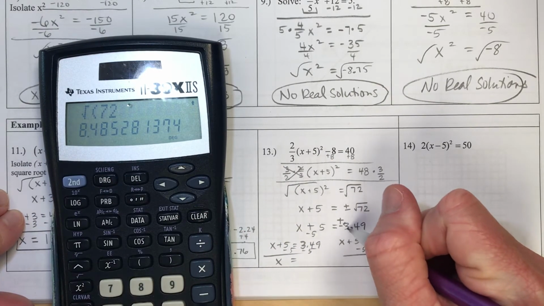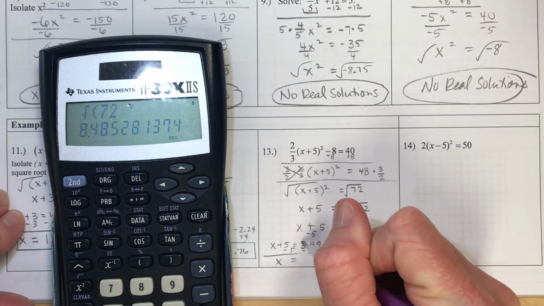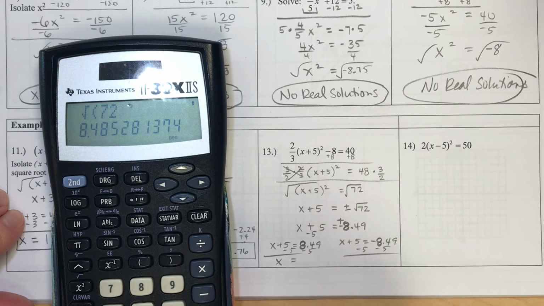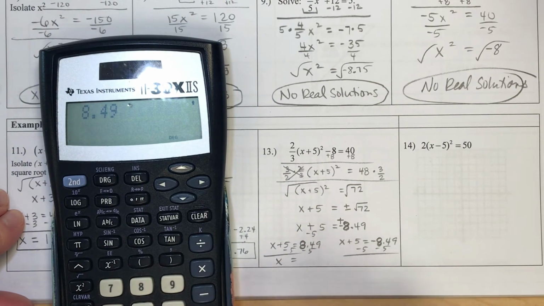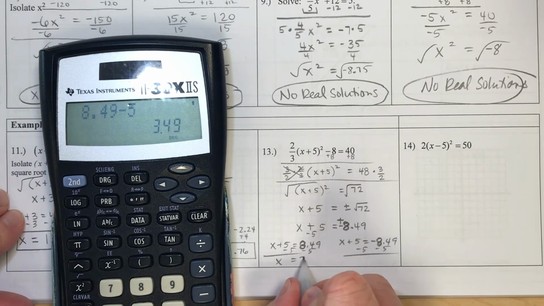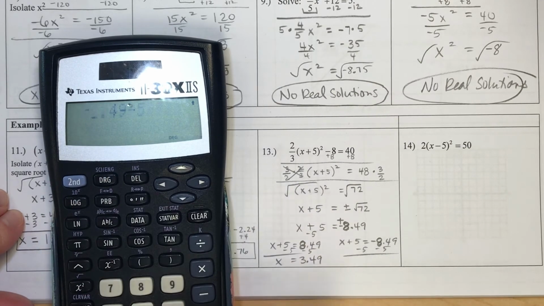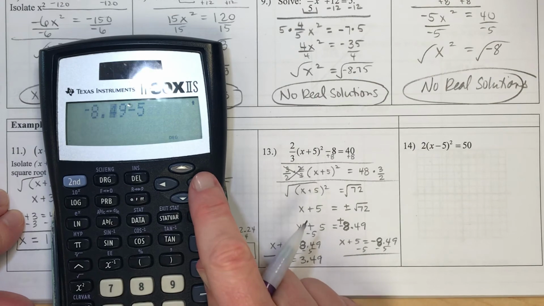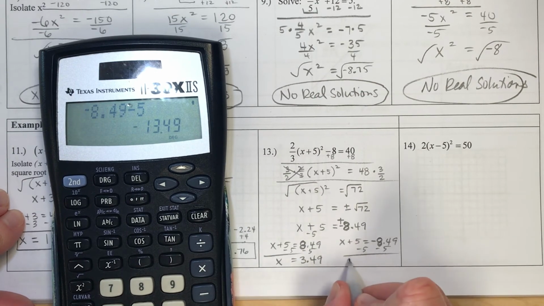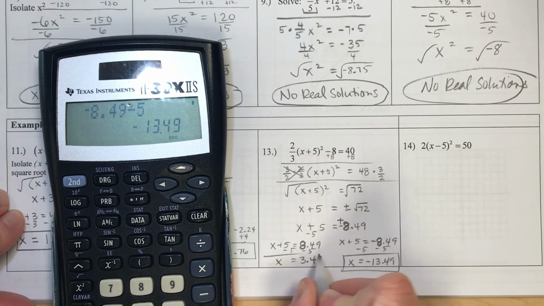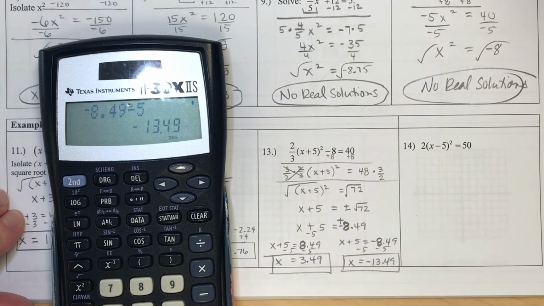So let me fix that real quick. Should have been an 8. I don't know what I was thinking. Okay, 8.49 minus 5 is going to be 3.49, and I'm going to go back and turn this into a negative 8.49 minus 5 and I will get negative 13.49.